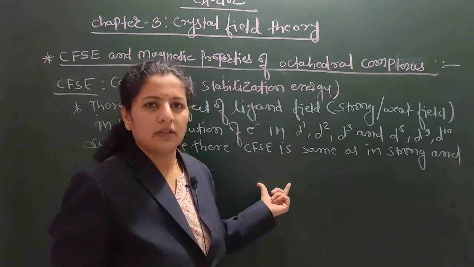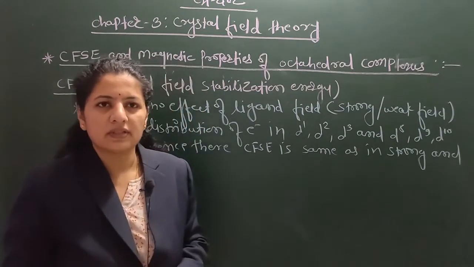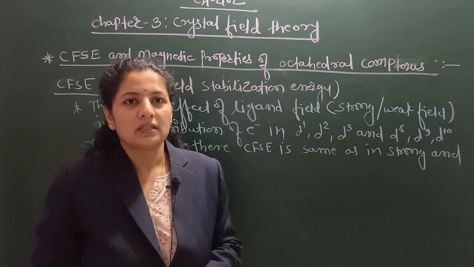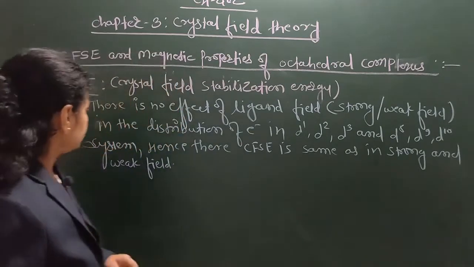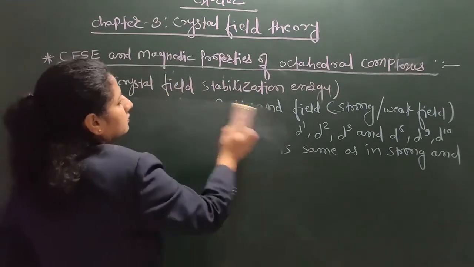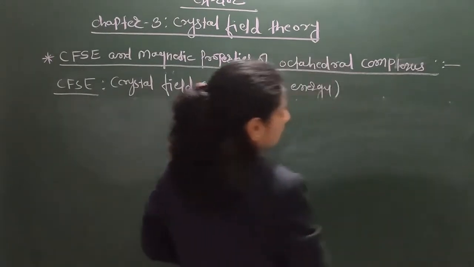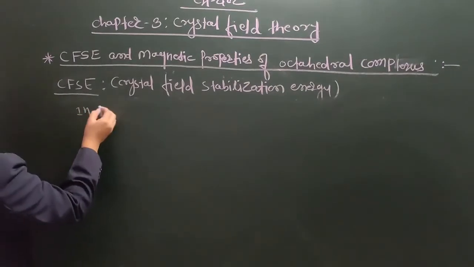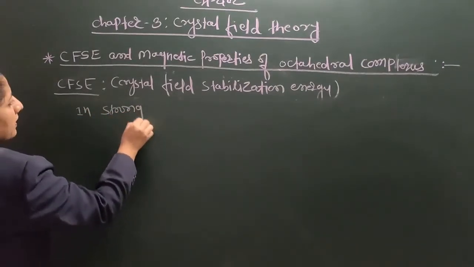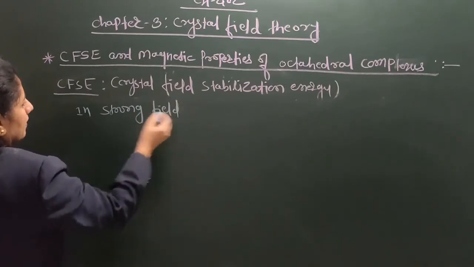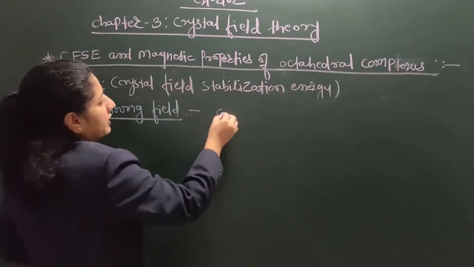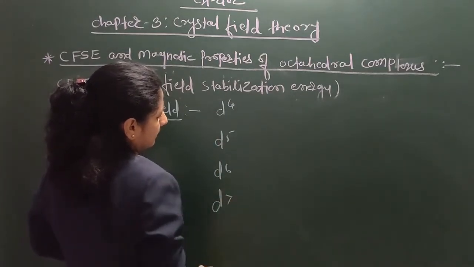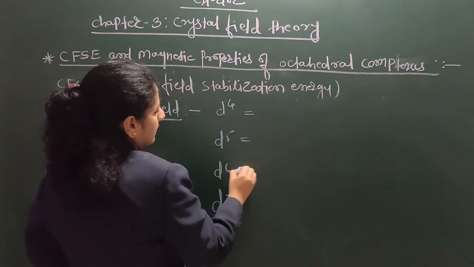So what are the CFSE for strong field and weak field for d4, d5, d6, d7? Let's discuss. First, in strong field, for the d4, d5, d6 and d7 systems.